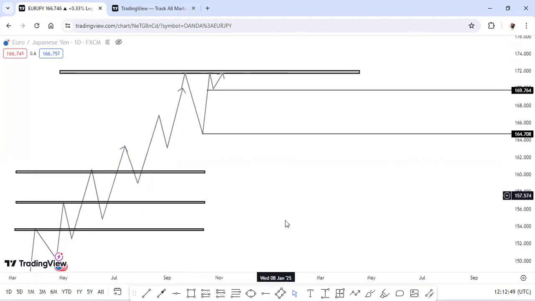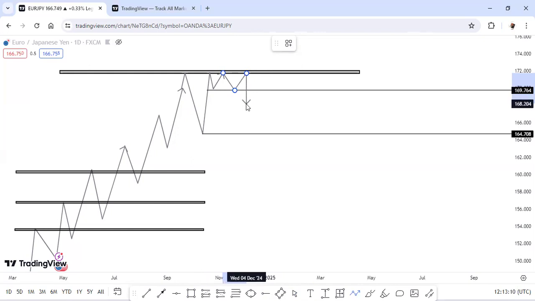But if the market can clear this particular zone, because the market will play around here first, give us an M pattern, which is the reversal pattern, and the market will likely want to pull down here. If the market clears above here, on a break and retest, I may want to enter.